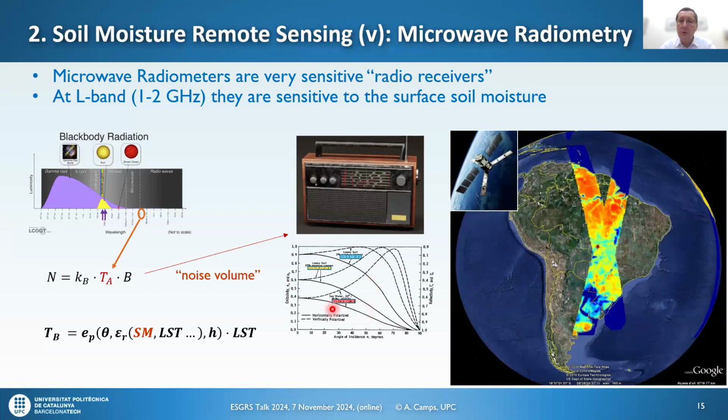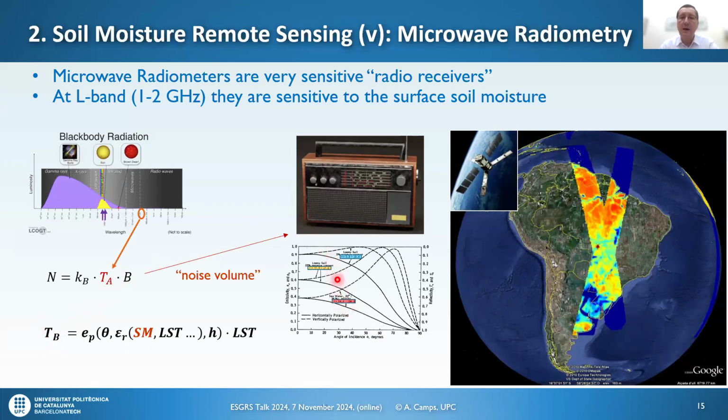When we go to land, loamy soil that is about 25% in volumetric soil moisture, so 0.25, what you see at vertical polarization is like this, horizontal is like that, and you see that the emissivity, this parameter here, that we will be multiplying by the land surface temperature to get the brightness temperature, and I will come back to this later in a little bit more detail, because this magnitude is proportional to the amount of noise that our radiometer is capturing.